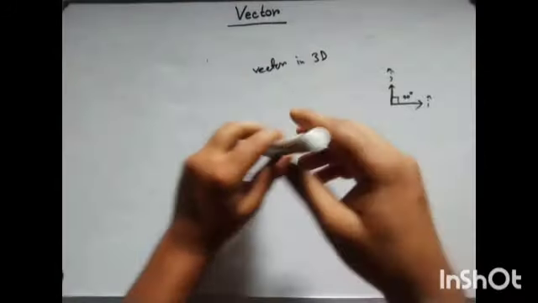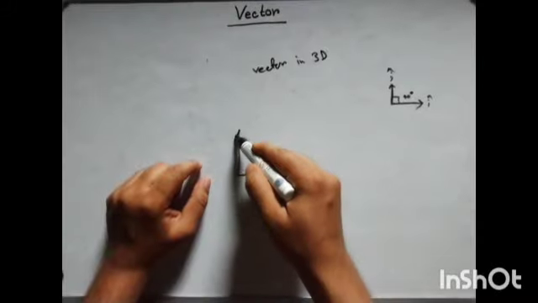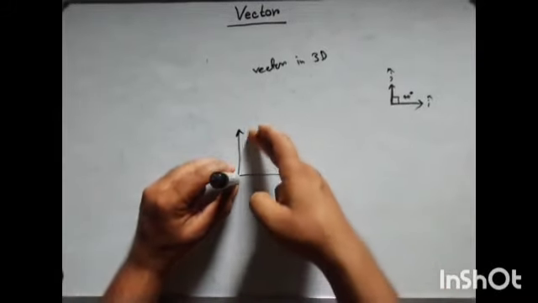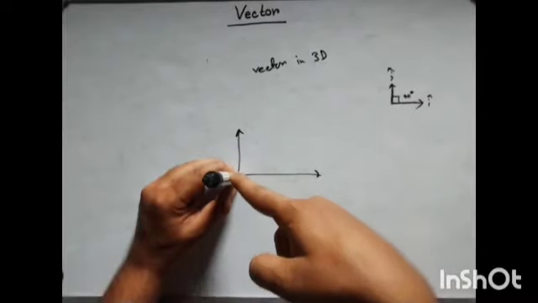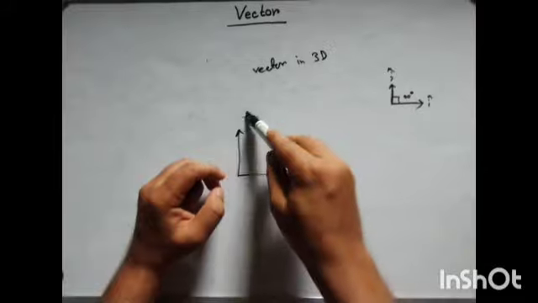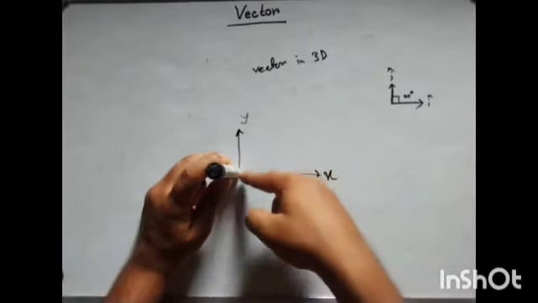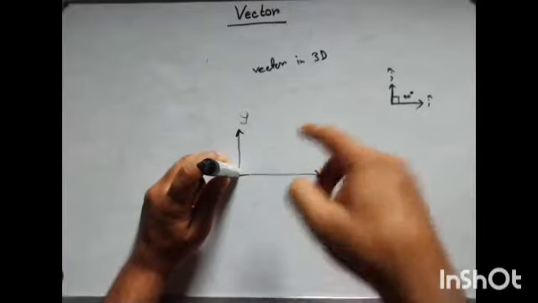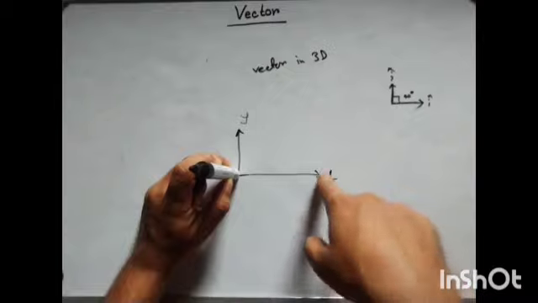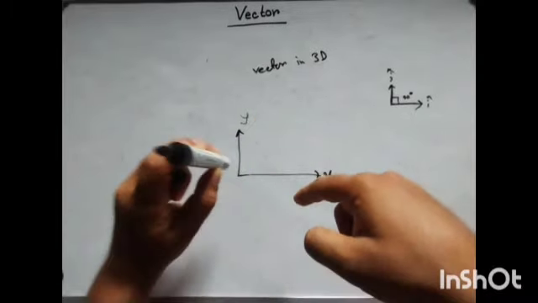That means if this direction is x axis and this direction is y axis, then this upwards direction will be z axis. So in reality in 3D this will be x axis, this will be your y axis, and this will be your z axis upwards.